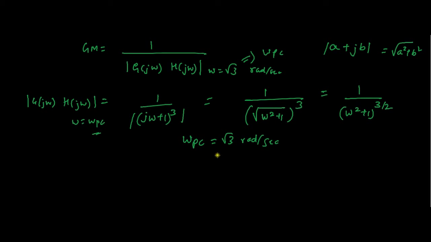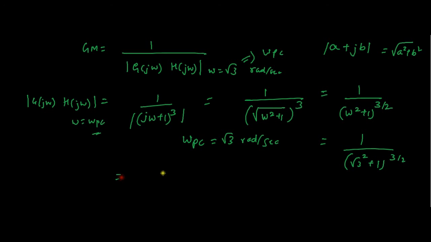By omega pc we mean the frequency at which the phase angle is minus 180 degrees. So we put this here: it will become 1 over (root 3 whole square plus 1) raised to 3 by 2.